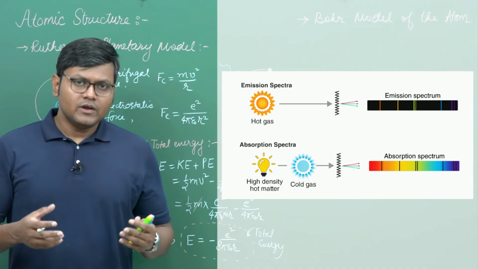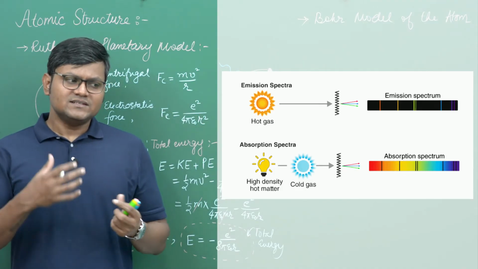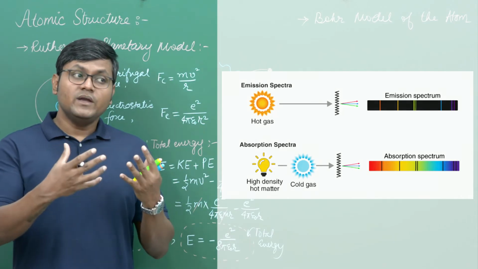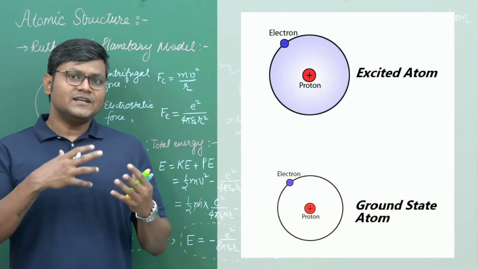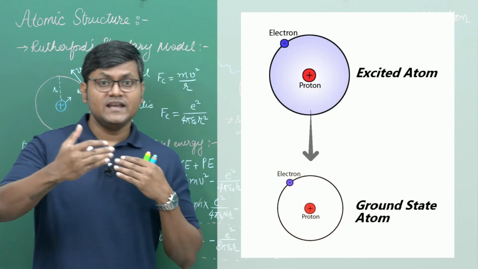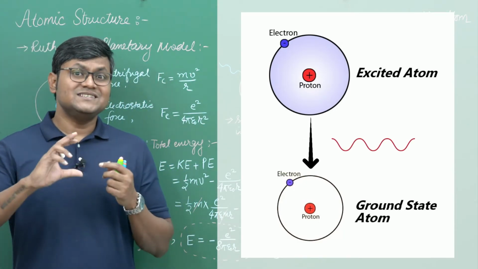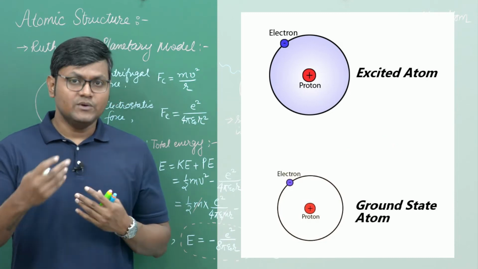So Niels Bohr essentially realized that there is some sort of discreteness associated with atomic transitions. Whenever atoms go from an excited state to a ground state, there is a transition which is discrete in nature and not continuous.